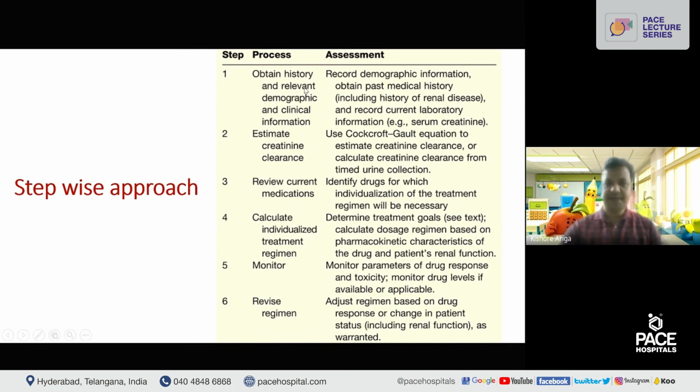For any patient, first obtain history and clinical information, get creatinine clearance by the Cockcroft-Gault formula, review the medications and individualize the treatment, and know the drugs which we need to adjust. After adjusting, we need to monitor for toxicity and drug levels, and based on that we need to adjust the drug.